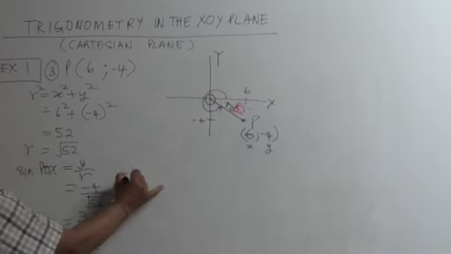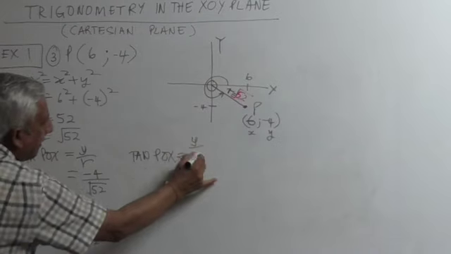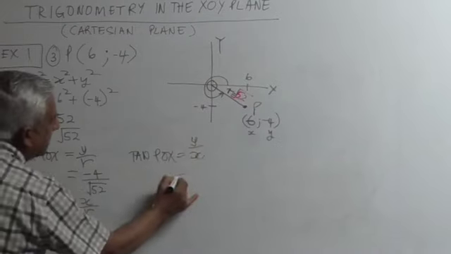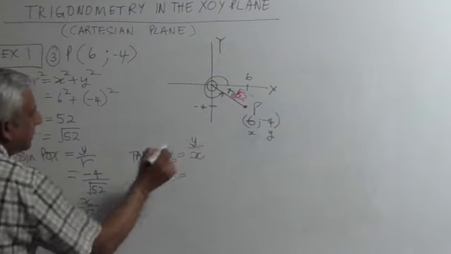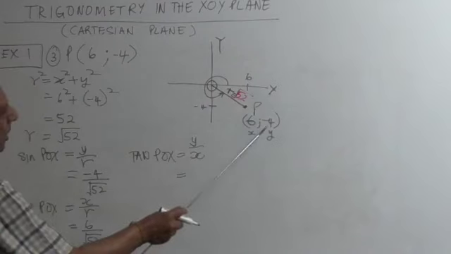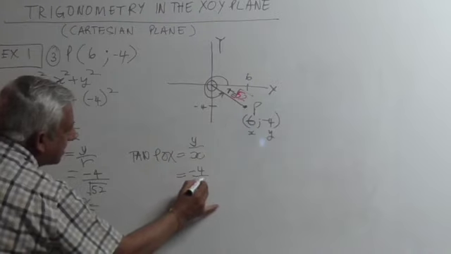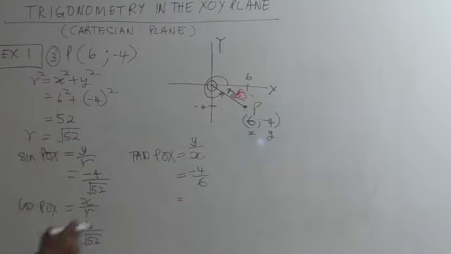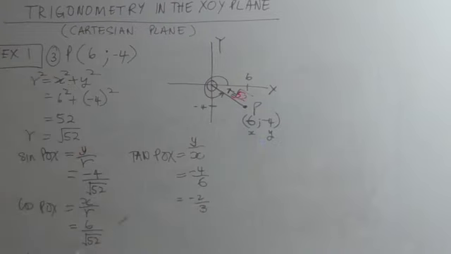And finally you want tan POX, which is y over x, which is minus 4 over 6. You're allowed to simplify this, it'll become minus 2 over 3. So that's your final answer for tan POX: minus 4 over 6, and you can simplify that to minus 2/3.